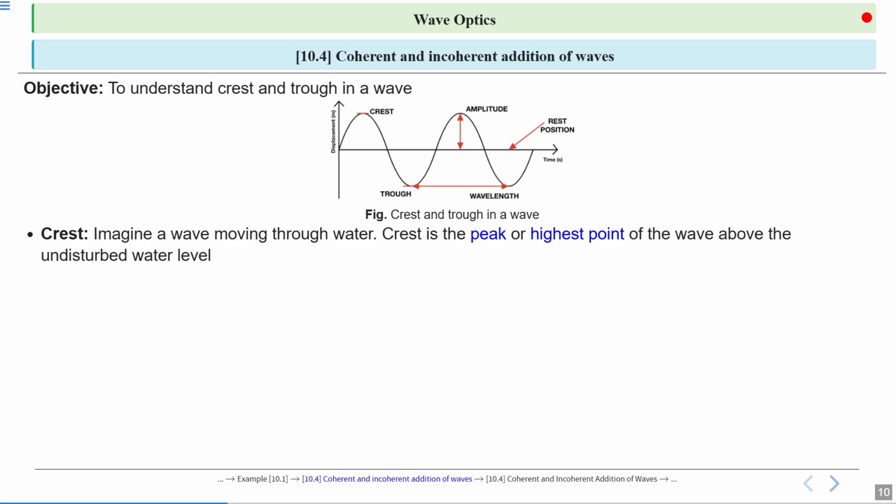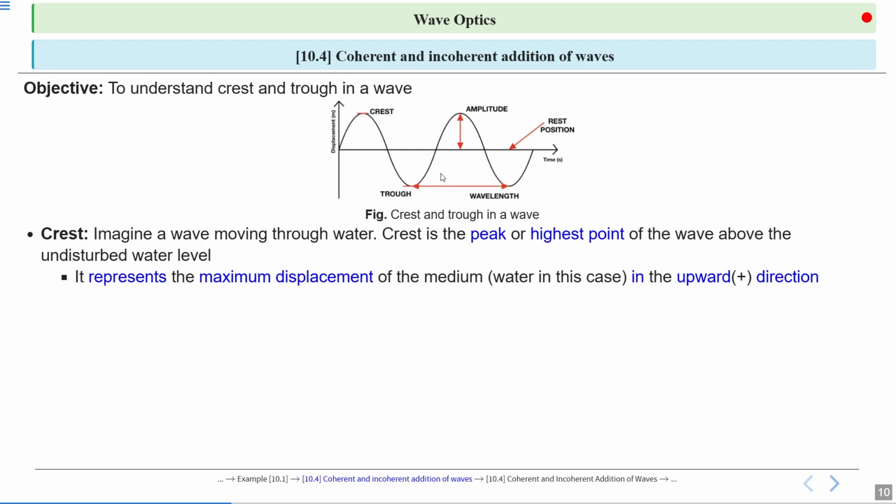Taking the x axis as the undisturbed water level, the highest point of the wave is called the crest. It represents the maximum displacement of the medium, water in this case, in the upward, positive direction.